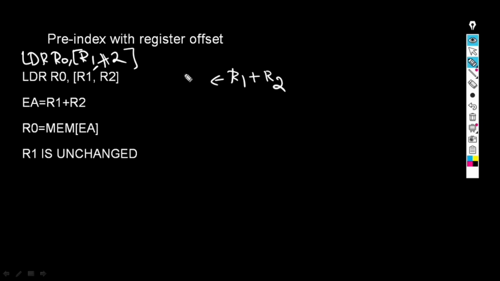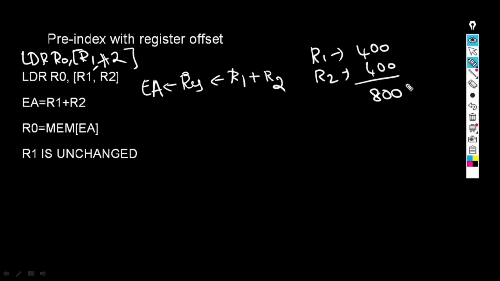Whatever result is generated, that itself is your effective address. If R1 is 400 and R2 is also 400, so a total of 800 is the memory location that should be accessed, and from that location you have to load the value to R0. Okay, as expected here, R1 value is not updated.